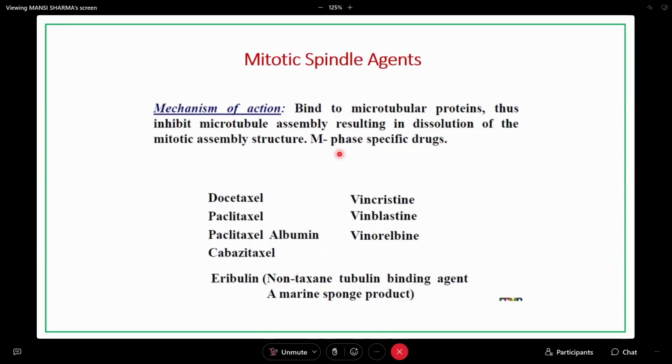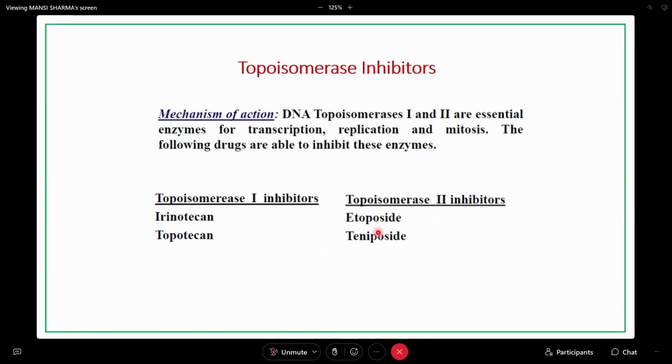Notable examples are docetaxel, paclitaxel, albumin-bound paclitaxel, cabazitaxel that we use in prostate cancer, eribulin, mostly in breast cancer and sarcomas, which is a non-taxane tubulin binding agent. It's derived from a marine sponge. And we have the vinca alkaloids, vincristine, vinblastine, and vinorelbine.